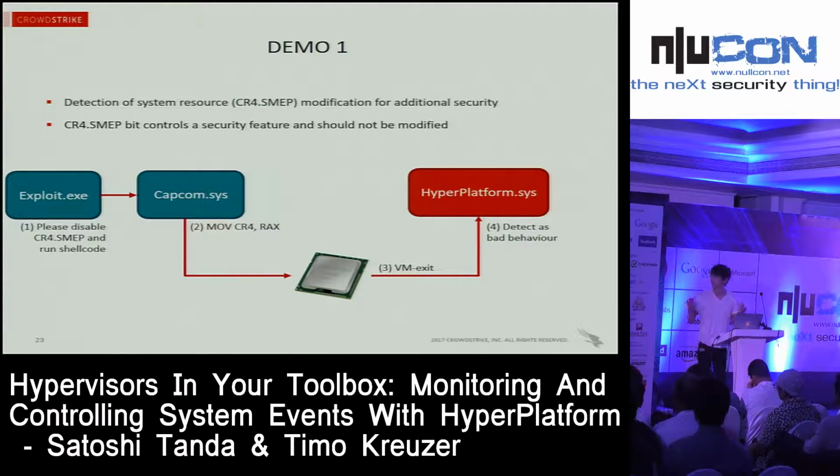Basically this driver disables the security feature and the exploit deploys shellcode into user mode but executes that shellcode with kernel privilege, then spawns a system privilege command prompt. Then we are going to add HyperPlatform on that system to detect that exploitation.